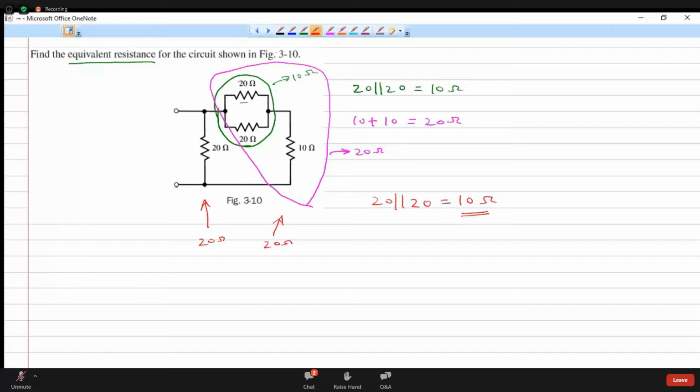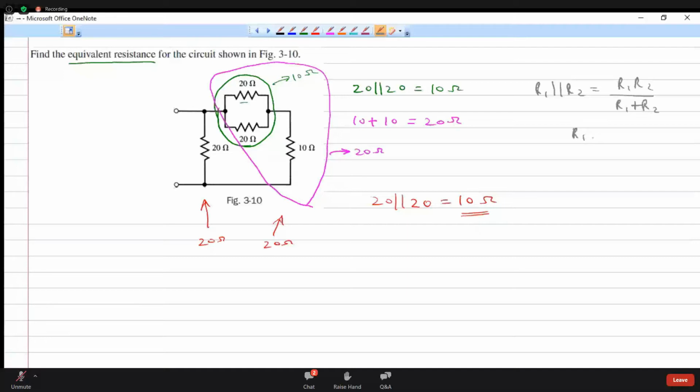Here it was very easy because we can see that the resistors are the same. For example, here it is 20, so here it is also 20. So we can take half. If it is not equal, then we have to use the formula that we have drawn before. What was that? R1 parallel R2 is equal to R1 R2 divided by R1 plus R2.